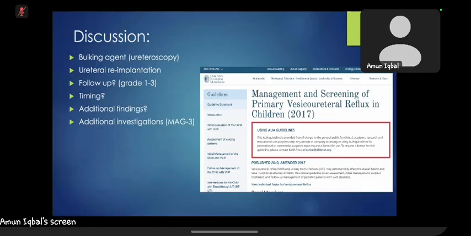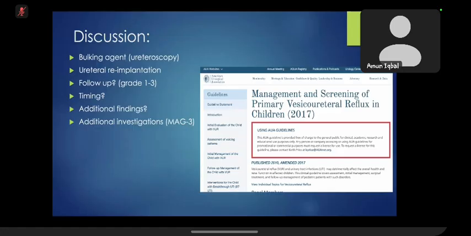The important outline of the guidelines, especially my concern, is when you are dealing with a grade 1 to 3 reflux, and especially grade 3 as in this case. There are two options. Either you put the patient on follow-up, or you describe the findings to the primary physician and he takes over the decision, depending upon the clinical condition of the patient: is the patient stable, septic, or having recurrent UTIs.